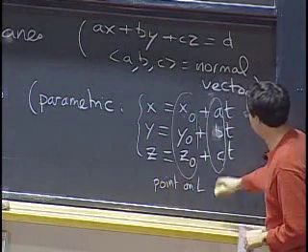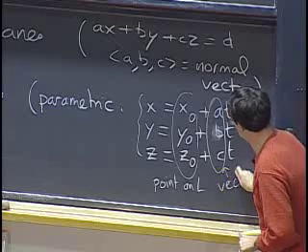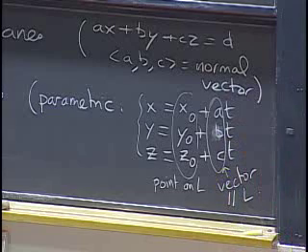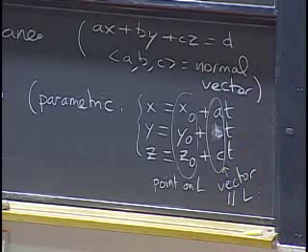And these coefficients here correspond to a vector parallel to the line. That's the velocity of the moving point on the line.